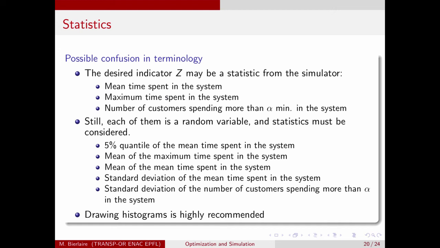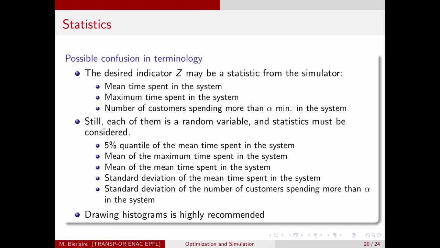So what I mean by confusion is that when we talk about mean or variance or whatever, we need to be very precise about what we mean. Because you have statistics that are calculated for one instance of the simulator. So basically they calculate the mean or anything related to the number of customers, the number of events, or what have you.